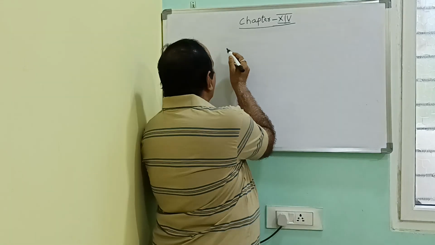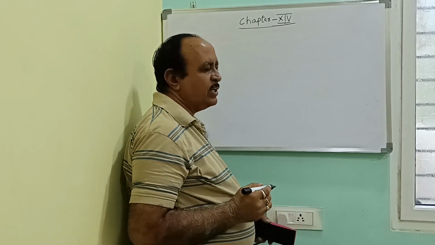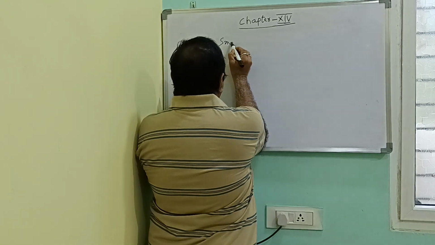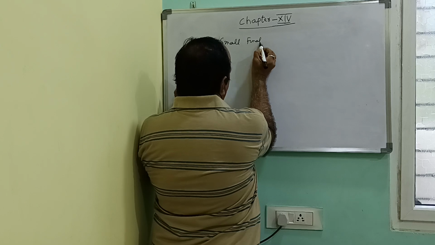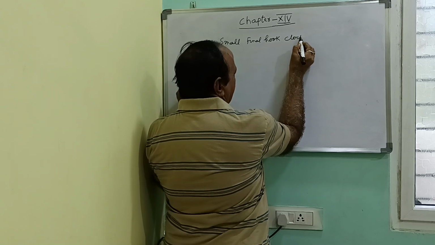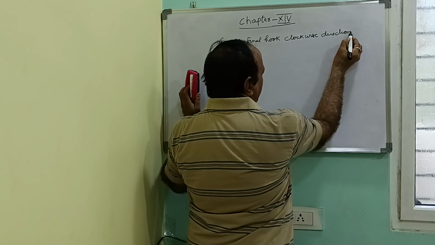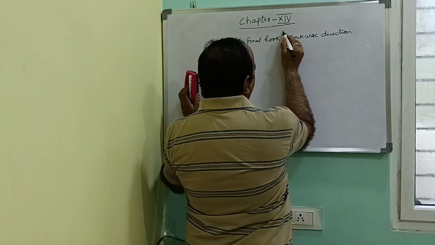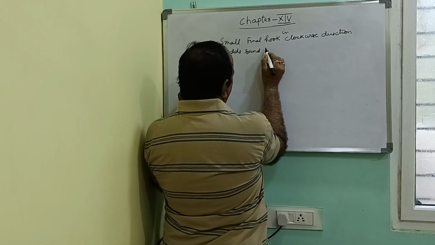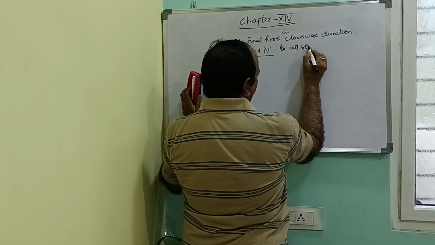First, let us see how the small final hook is added to a straight stroke. A small final hook in clockwise direction, I am saying these directions as they will be very easy to remember, adds the sound N to all straight strokes.